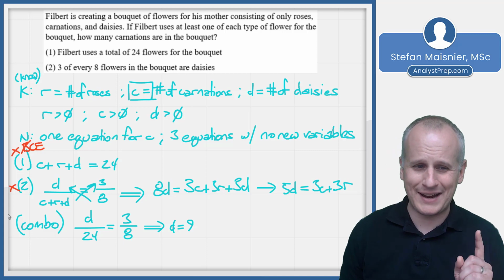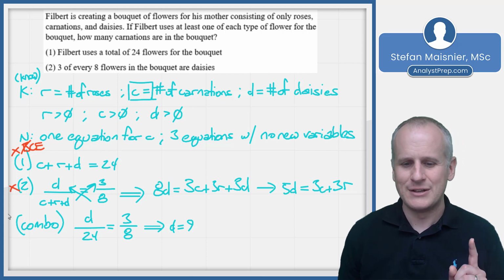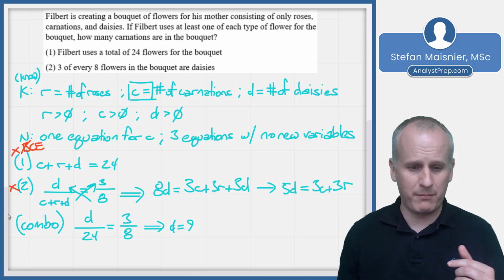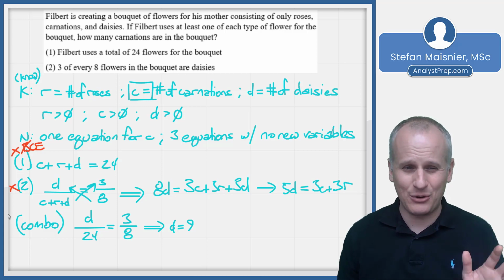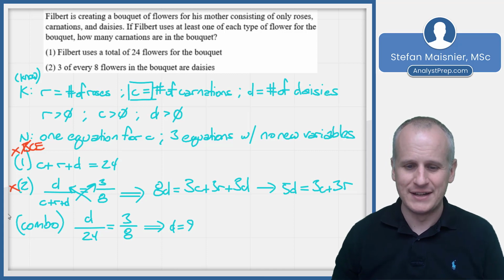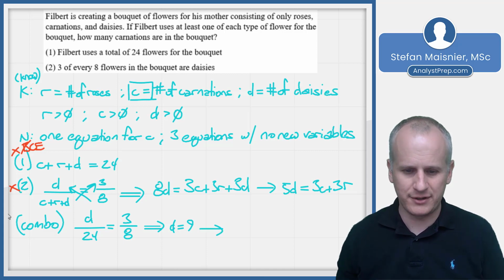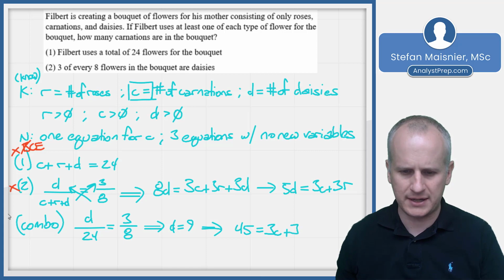But we're not being asked for D, unfortunately. So I can figure out what my values are here, but I don't know exactly what my number of carnations is. Because now, if I plug into that equation that we had worked through from condition 2, I know that 45 is equal to 3 times C plus 3 times R.